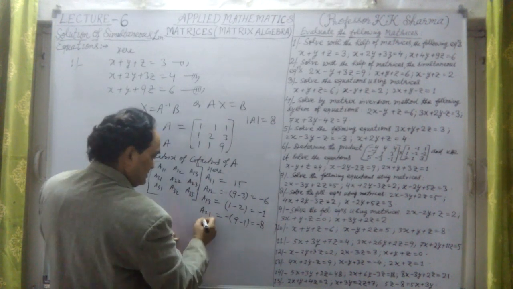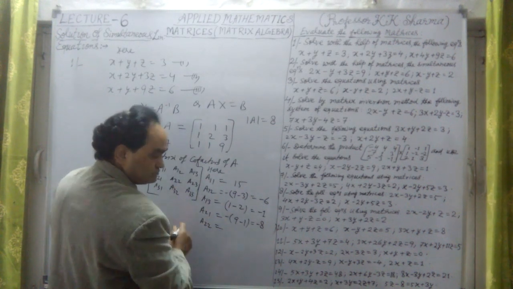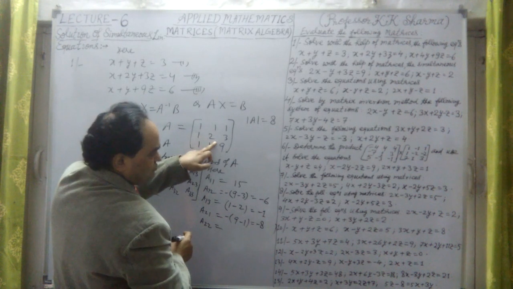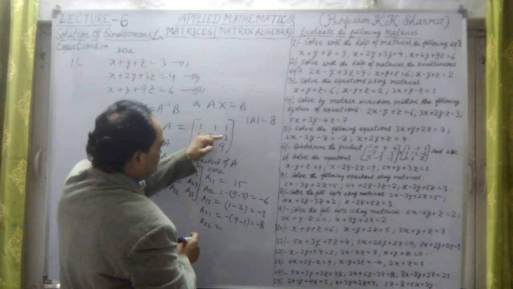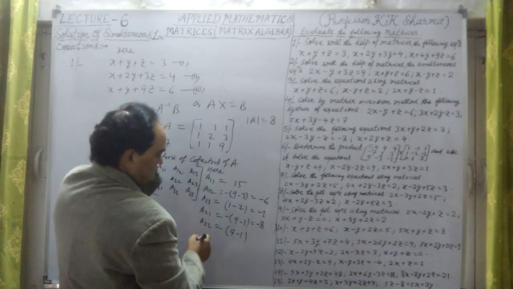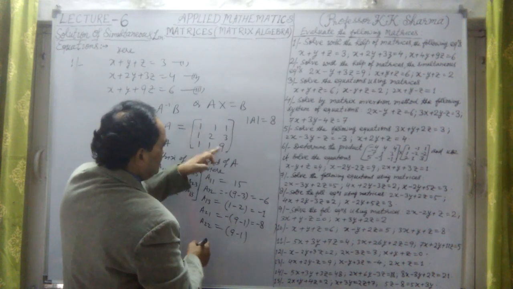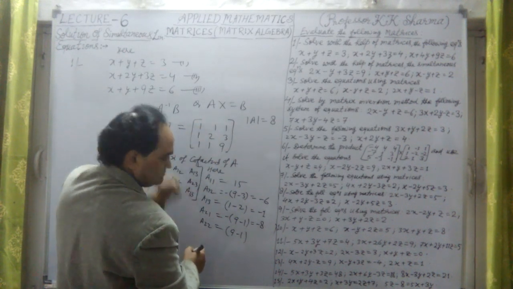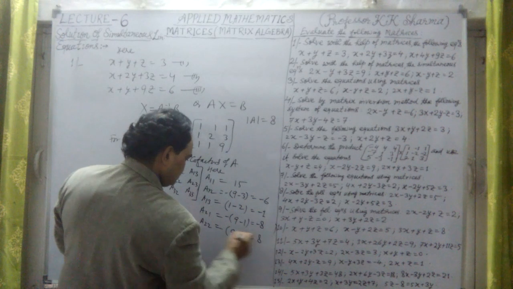And then A22, the cofactor of 2. This is 9 minus 1, 9 times 1 is 9, and this 1 into 1, this is equal to 8 positive.